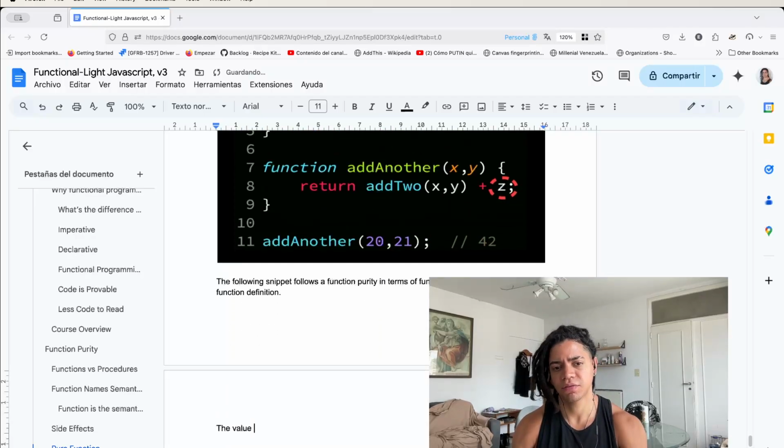So the value proposition of pure functions is that I can analyze that line of code independently, without needing to know the state of the program at that moment.